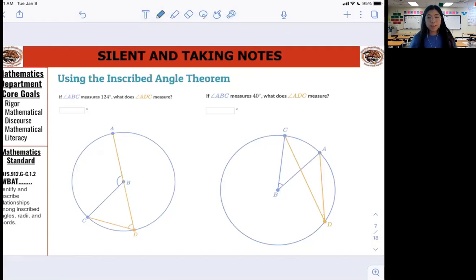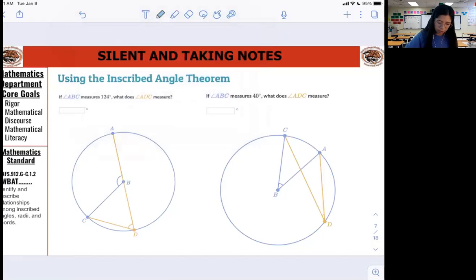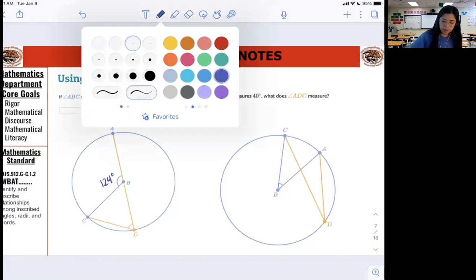Okay, so we have to read carefully. If you didn't read it carefully, you probably did it backwards. ABC is 124. If ABC is 124 degrees, how much is ADC?